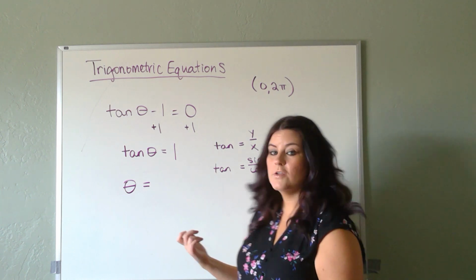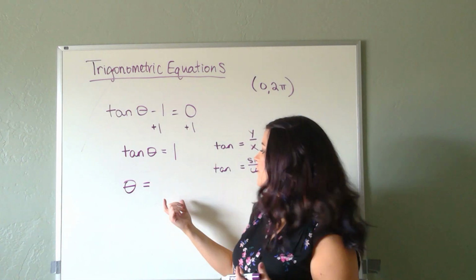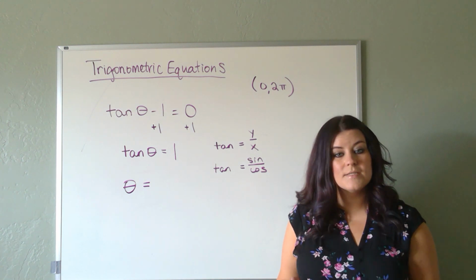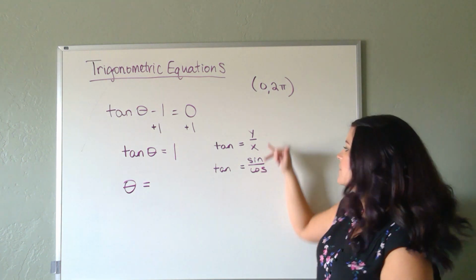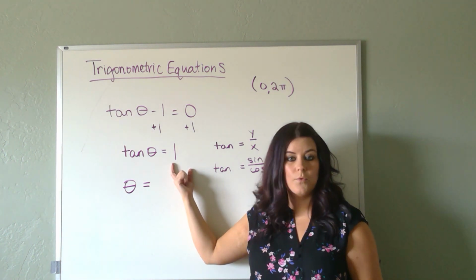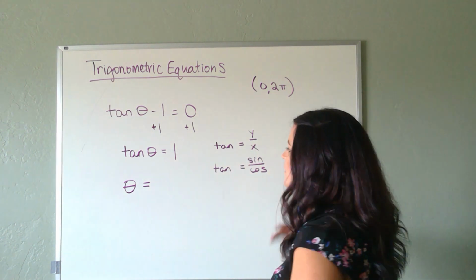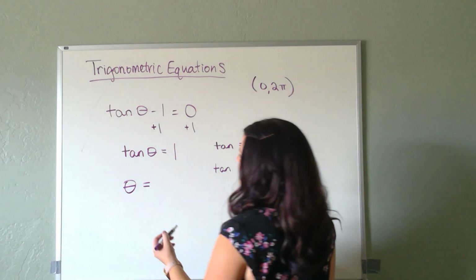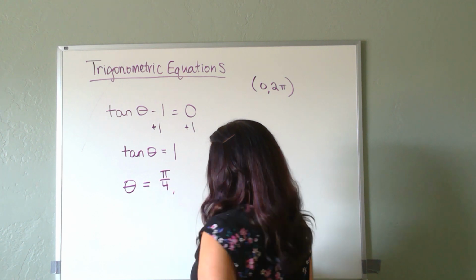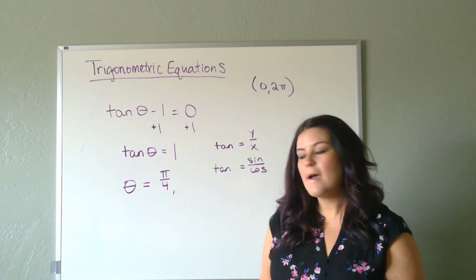You guys, on our unit circle, we find the places where y and x are the same, right? If they're the same and you put them over each other like y over x, or you call it sine over cosine, that's where you're going to get the 1, right? So there's one place where that happens in the first quadrant. You guys, at pi over 4, or the 45-degree angle, why does it happen there?